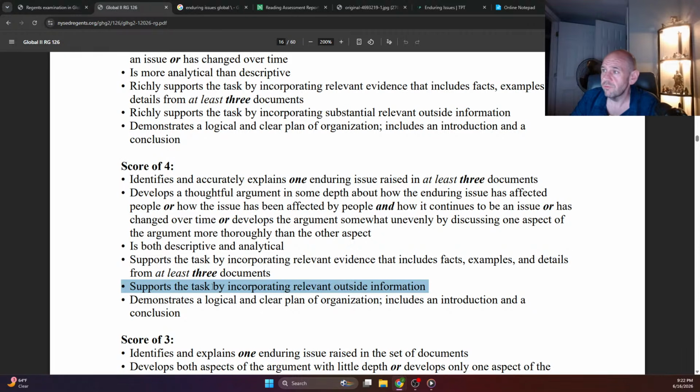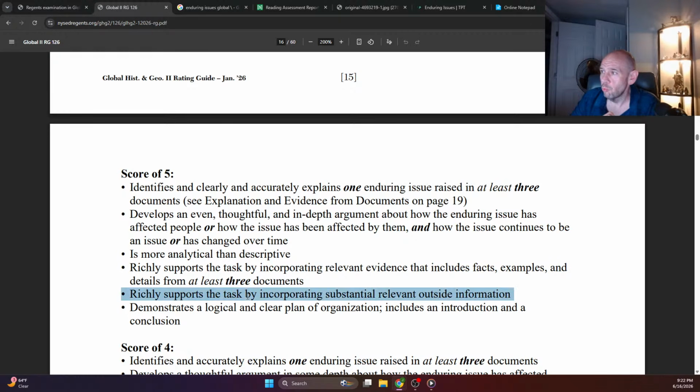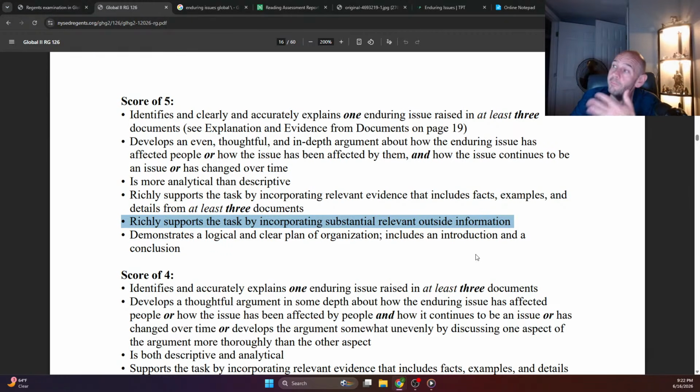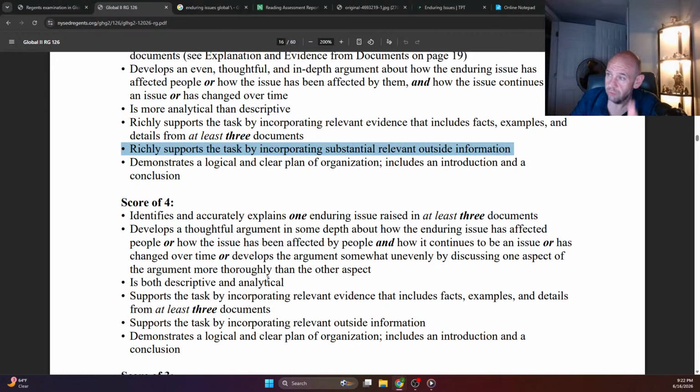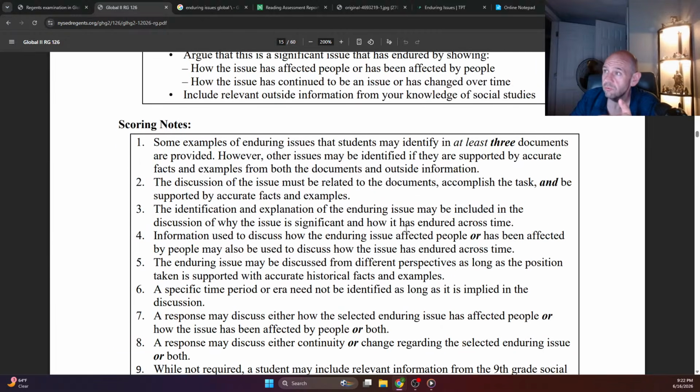A 4 supports the task by incorporating relevant outside information. A 5 richly supports the task by incorporating substantial relevant outside information. So aside from amounts, don't worry about amount for now. We'll talk about that in a minute. There really isn't a lot of definition as to what outside information even is.